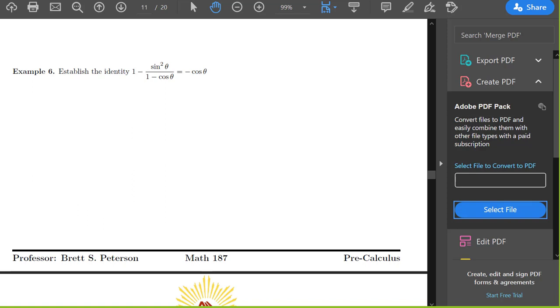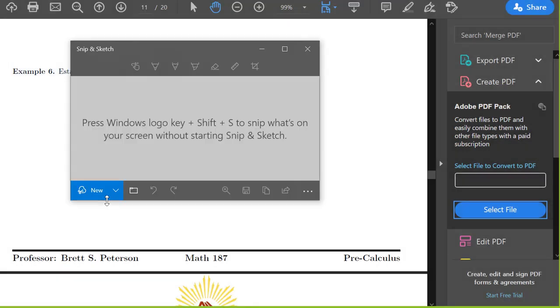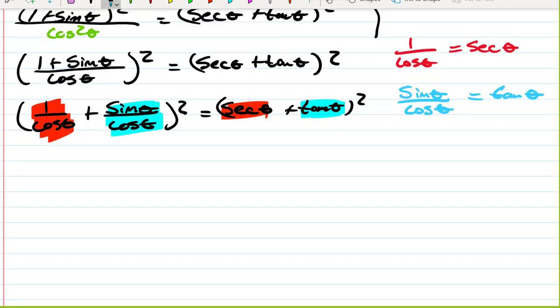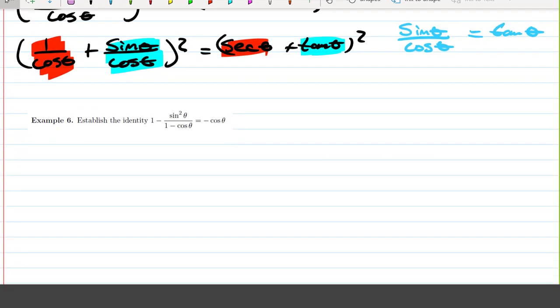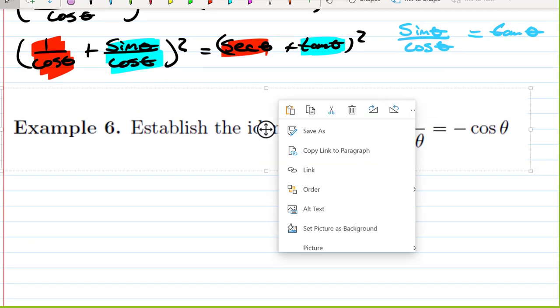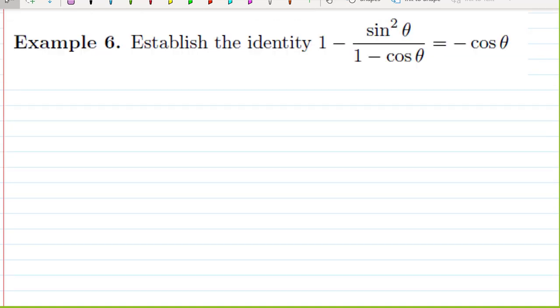So let's take example number 6 and let's turn it into a U-try. So example 6 is going to be the last U-try for this section. Alright, so to do this one, the first thing we're going to use is the Pythagorean identity.